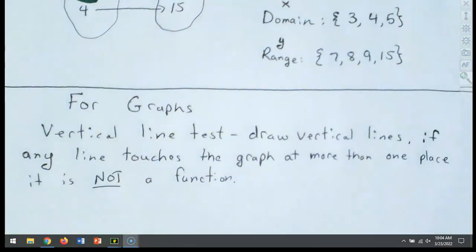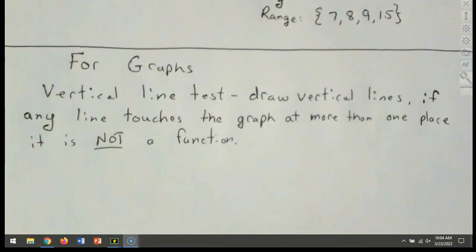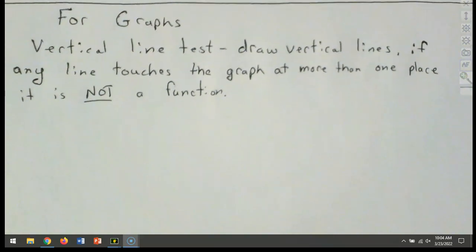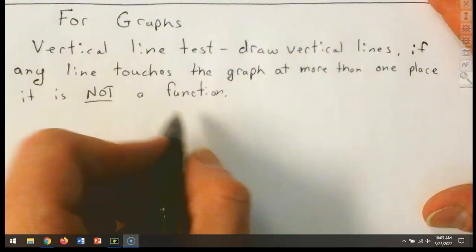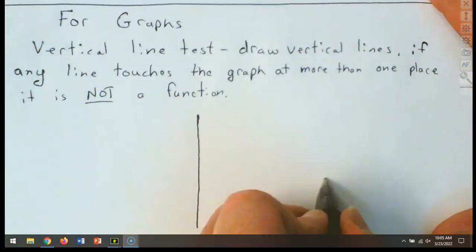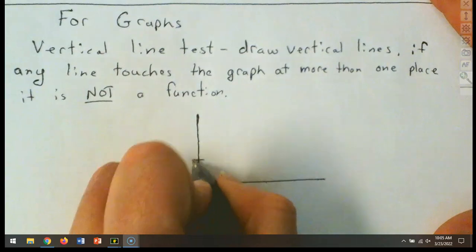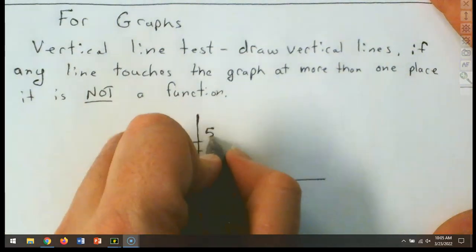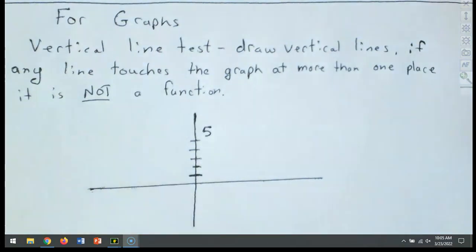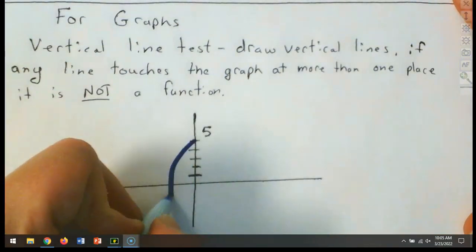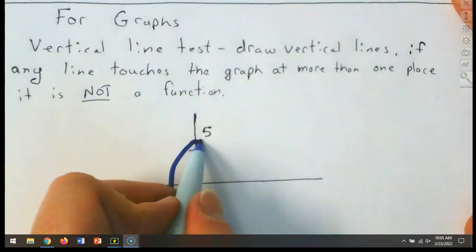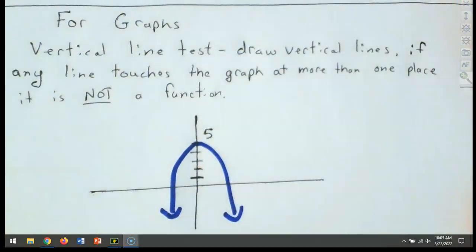So if it touches the graph at more than one place, it is not a function. So I'm going to give you a graph, and you're going to tell me if this graph is a function or not a function. And then we're also going to find the domain and the range.